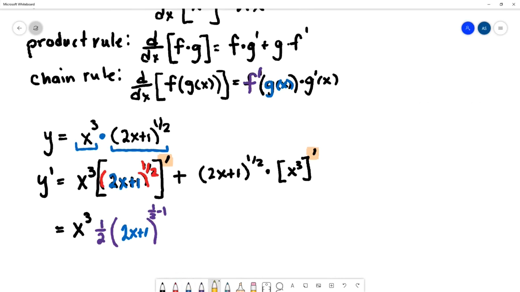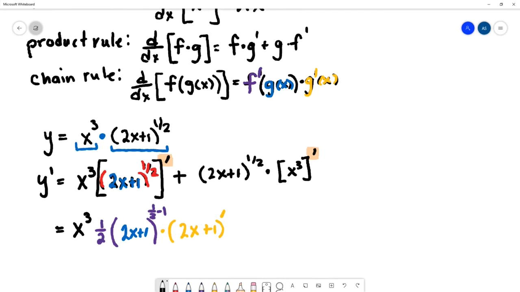I need to calculate the derivative of g of x. I need to calculate the derivative of 2x plus 1. And that's the chaining part, and this is multiplication. So I'm going to continue on.